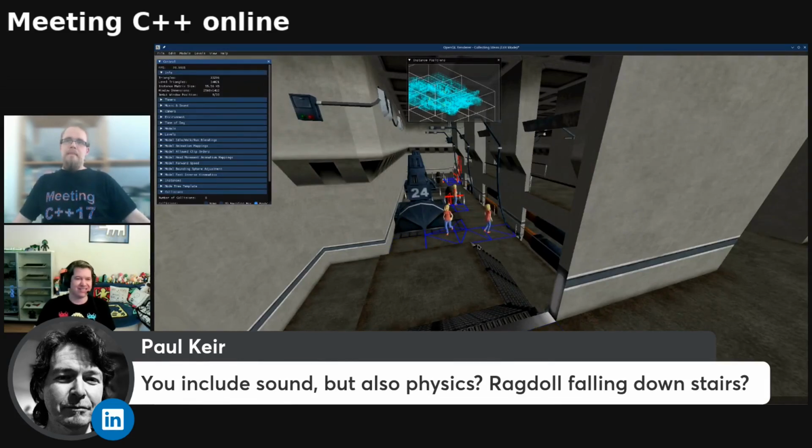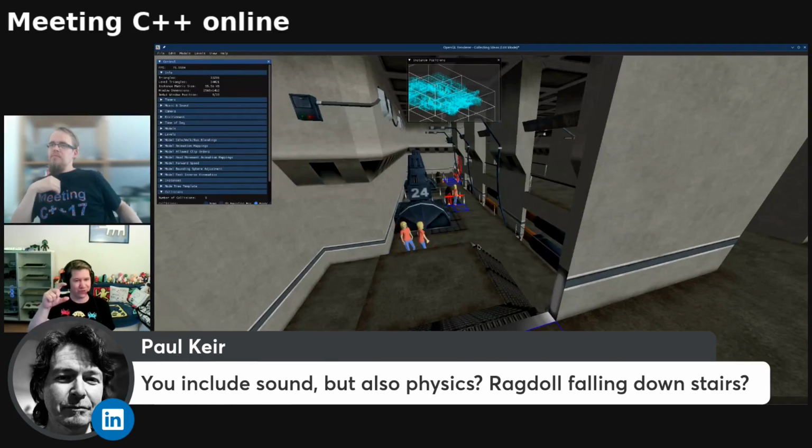No, sadly not. If you know the physics book from Ian Millington, you will know this is also this thick just for physics, and there are a couple of other physics books. You could start here and implement it by yourself, but it's just collision detection and how the model's running around. Ideas were there, but only a limited number of chapters and pages, so I had to cancel several ideas.